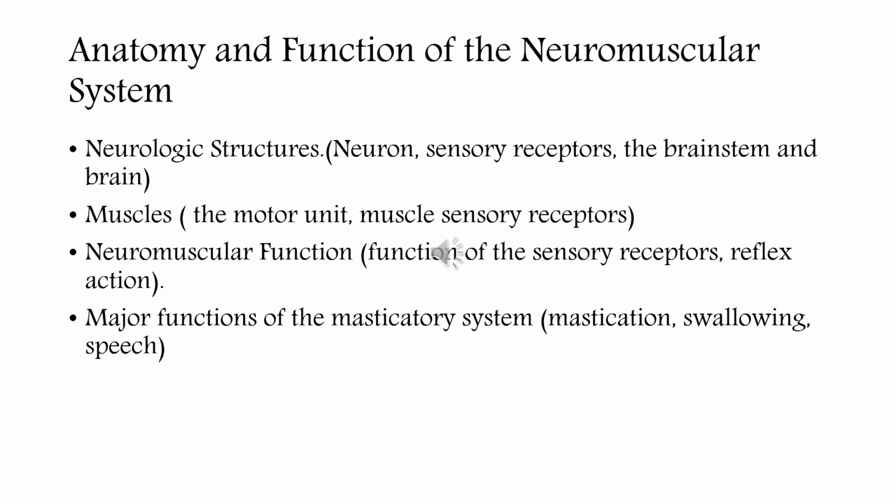So today in our lecture, we'll be talking about the anatomy and function of the neuromuscular system, and we're mainly going to talk about the neurological structures, which include the neurons, the sensory receptors, the brainstem, and the brain.